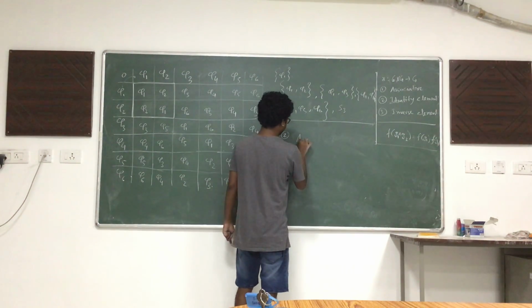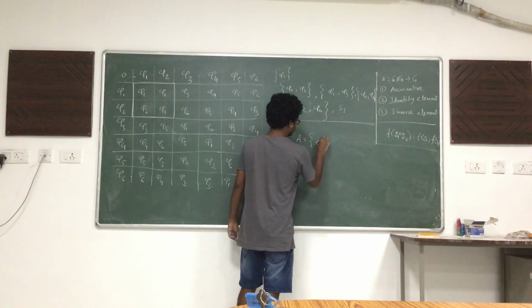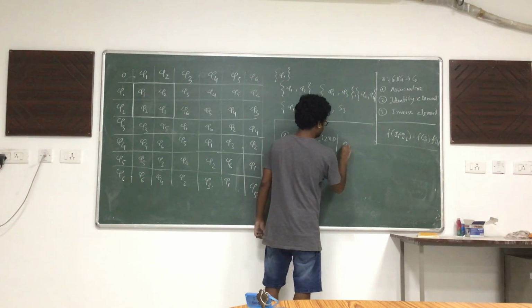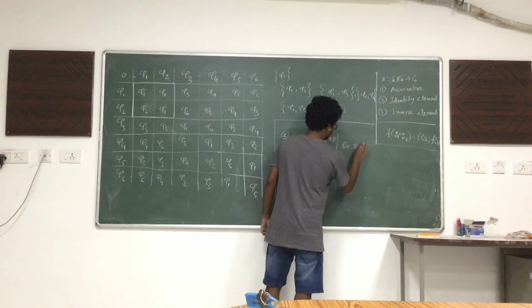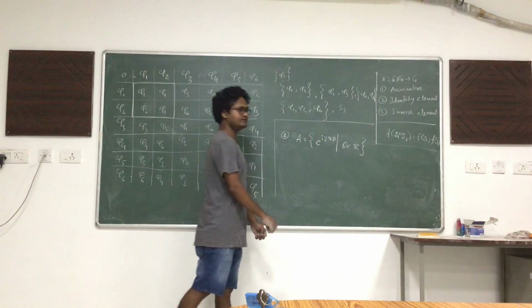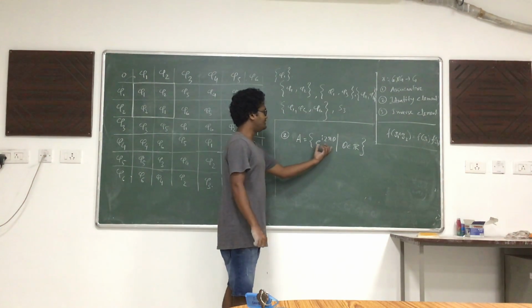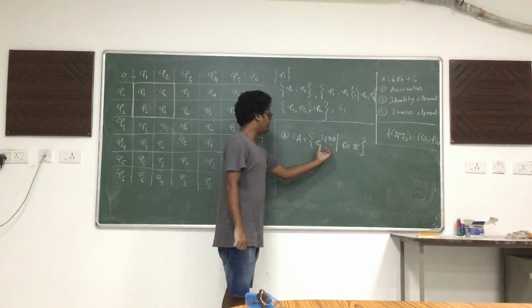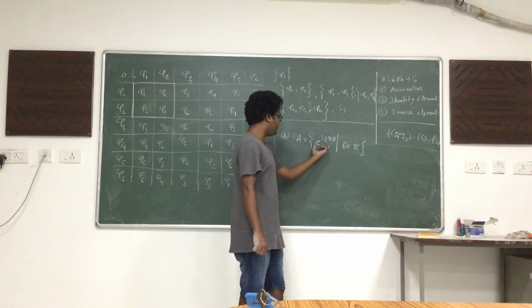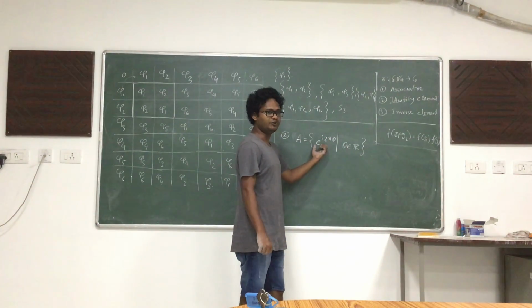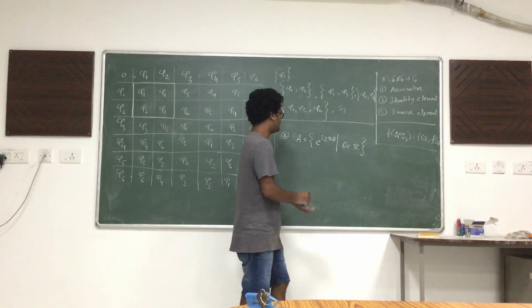Let us say A is a set such that it is e to the power i theta, where theta is a real number. So A is basically the complex elements of unimodular type, whose modulus is 1.